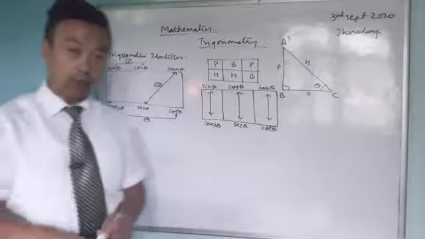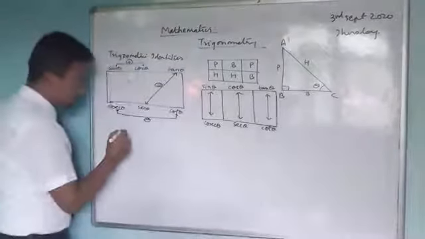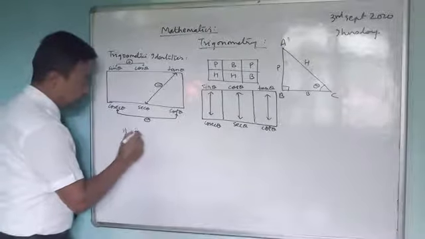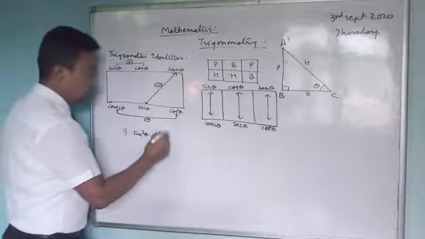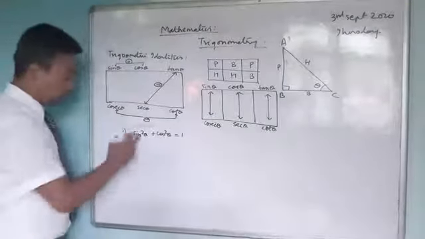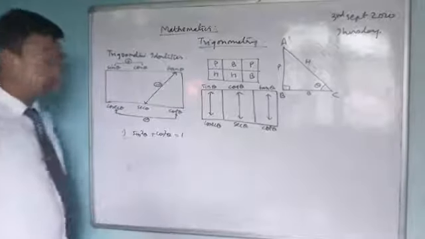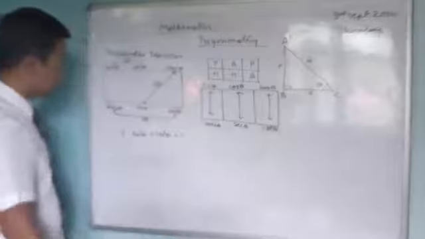Alright. So now what we get is the first identity, sine square theta plus cos square theta equals 1. Remember this. From here we can also get sine square theta, which will be 1 minus cos square theta.